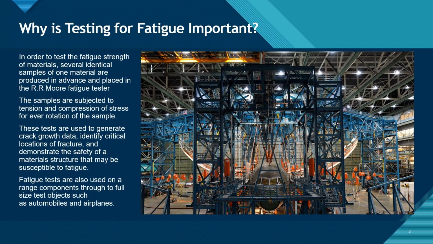This type of tester holds the sample between two machines that unload and load stress onto the material while also putting it through tension and compression. The tests are used to generate crack growth data, identify critical locations of fracture, and demonstrate the safety of material structures that may be susceptible to fatigue over long periods of time.